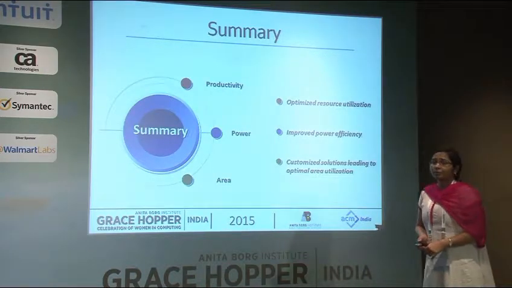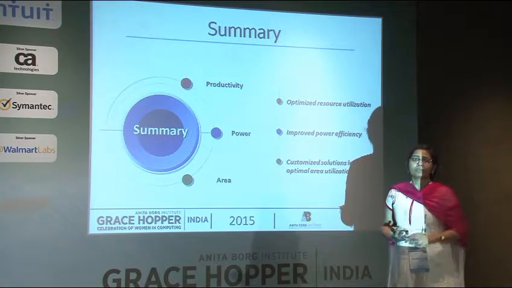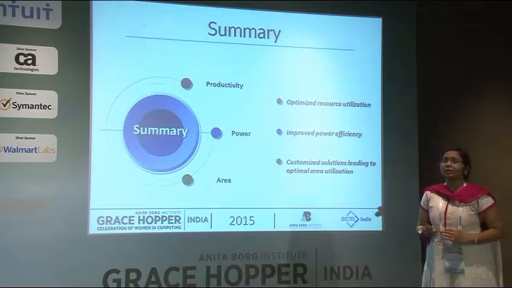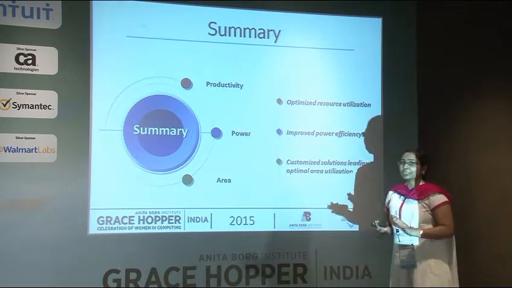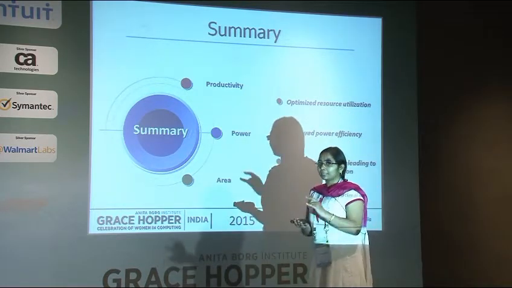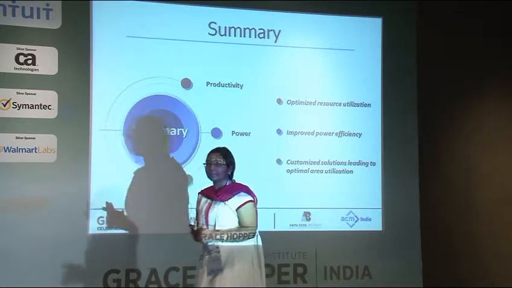So overall, to summarize, I want to give three important points here. One is using CAPPER, meaning auto place and route, which helps in productivity. Not only productivity, it helps in resource requirement.